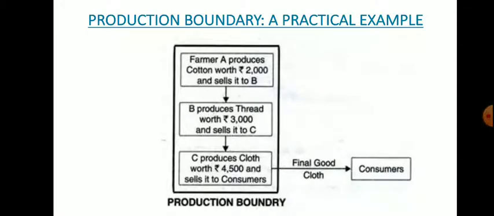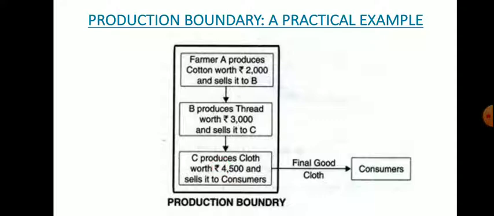See here, three producers are there. Producer A is basically a farmer, cultivating cotton, and there is producer B who is producing threads with the help of that cotton. And there is producer C who is producing cloths with the help of those cotton threads.